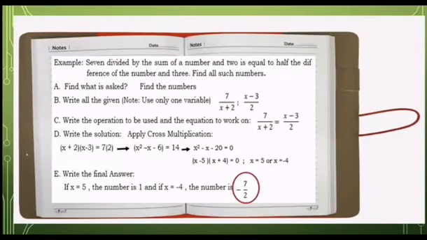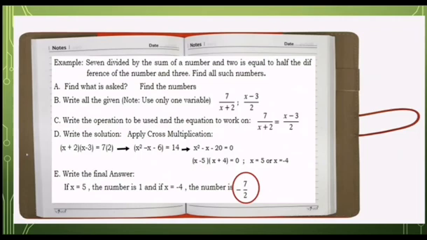So for the application, let us solve this problem in this particular example. 7 divided by the sum of a number and 2 is equal to half the difference of the number and 3. Find all such numbers. Letter A. Find what is asked. Find the numbers. Letter B. Write all the given. Note, use only one variable.